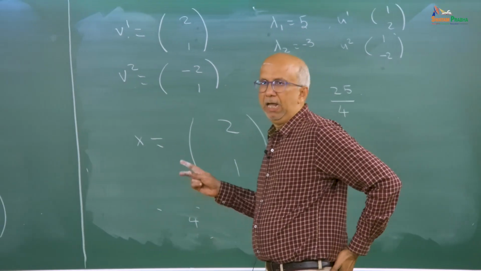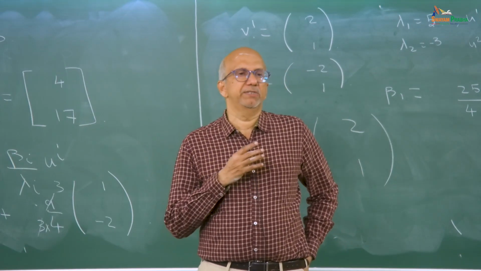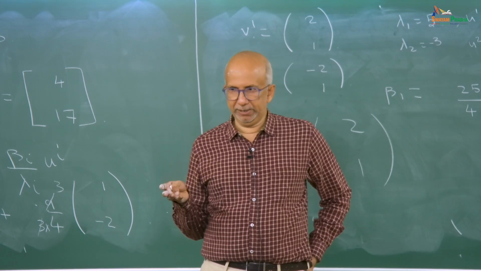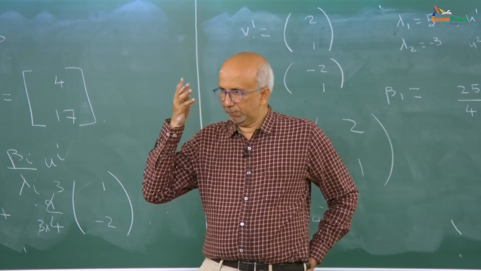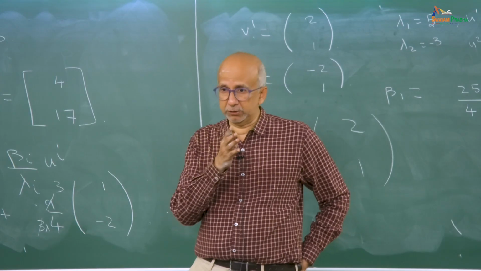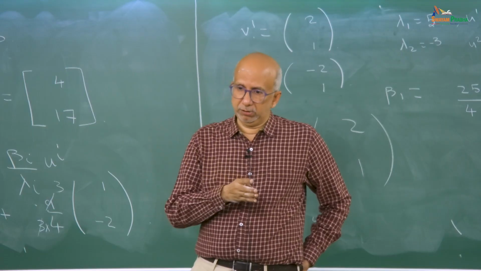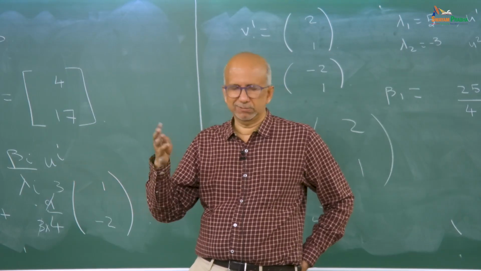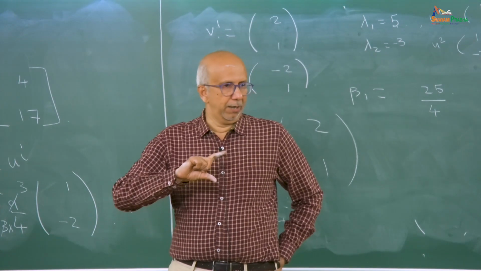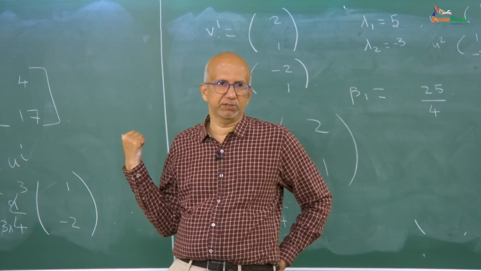So, this is what you have to do when you have a general matrix which is not self-adjoint. When A is not equal to A transpose, you exploit the bi-orthogonality property of the eigenvectors between A and A transpose, because eigenvectors of A are not orthogonal. Eigenvectors of A are orthogonal to the eigenvectors of A transpose. All that theory we did is applied for solving problems of this kind.